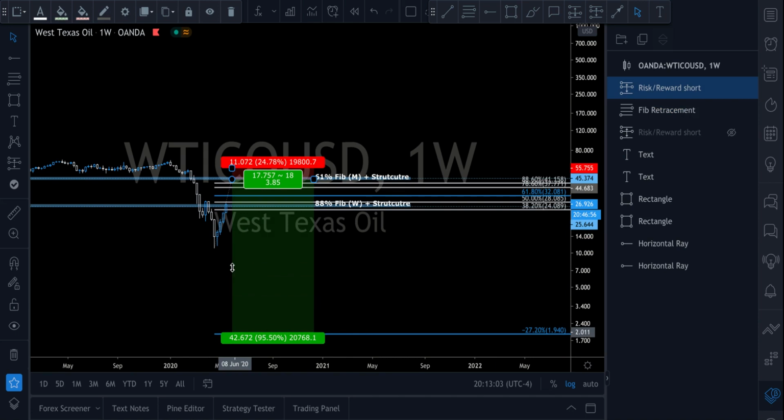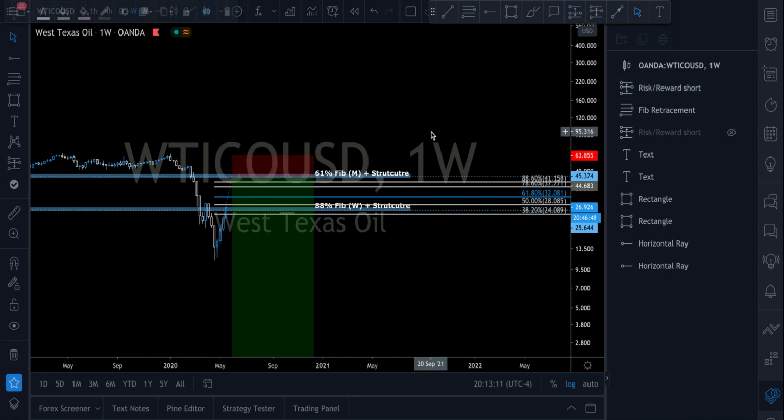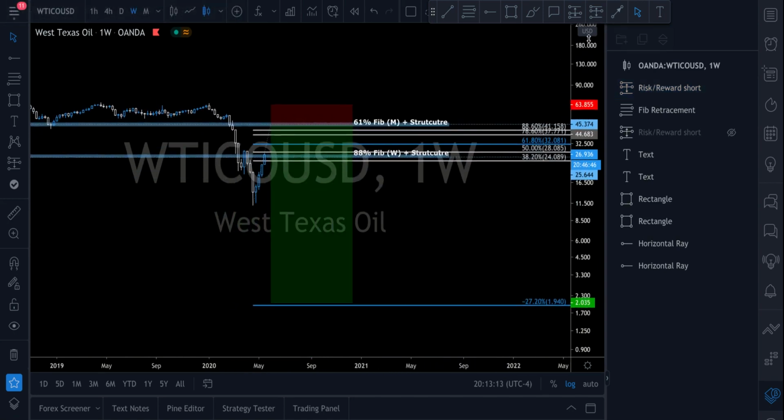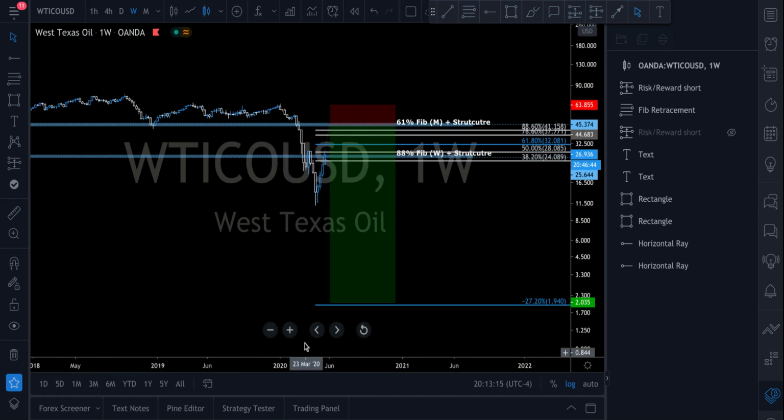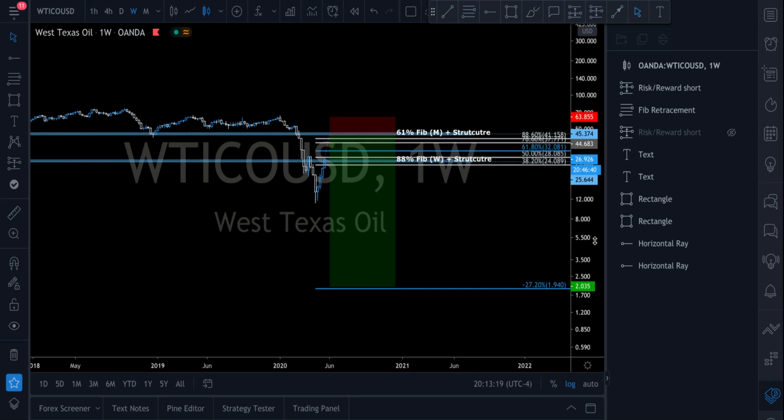This is quite the fall. Now this one might be a little bit less realistic based on what price was doing currently, because that's kind of shooting it down towards the $2 range. The fundamentals have been improving slightly, so this one seems a little bit less improbable.